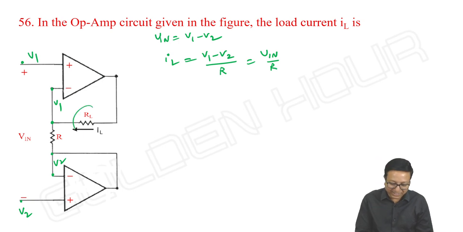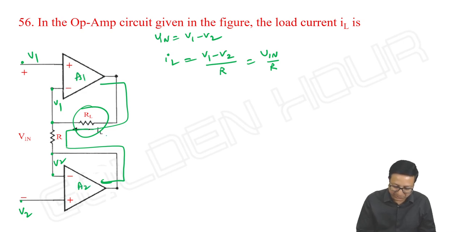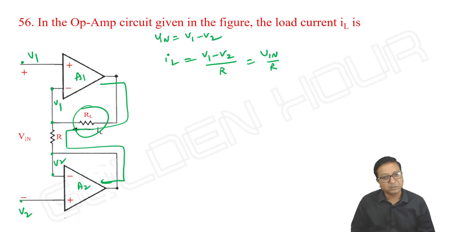Is it dependent on RL? No. Whatever IL comes, the entire IL will go like this only. You see this, friends? It is coming from the output of Opamp 1, and it is going into the output terminal of Opamp 2. In between, there is no current division.